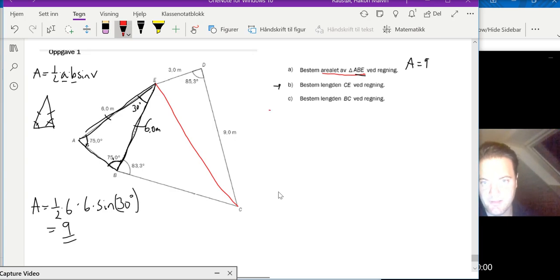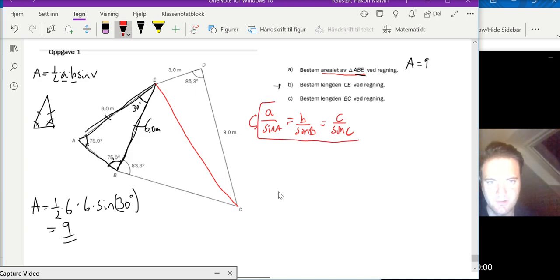We have the sine rule, which looks like this, and we can also turn it upside down on every term. And so that's the sine rule. And we have the cosine rule, which is this rule here.